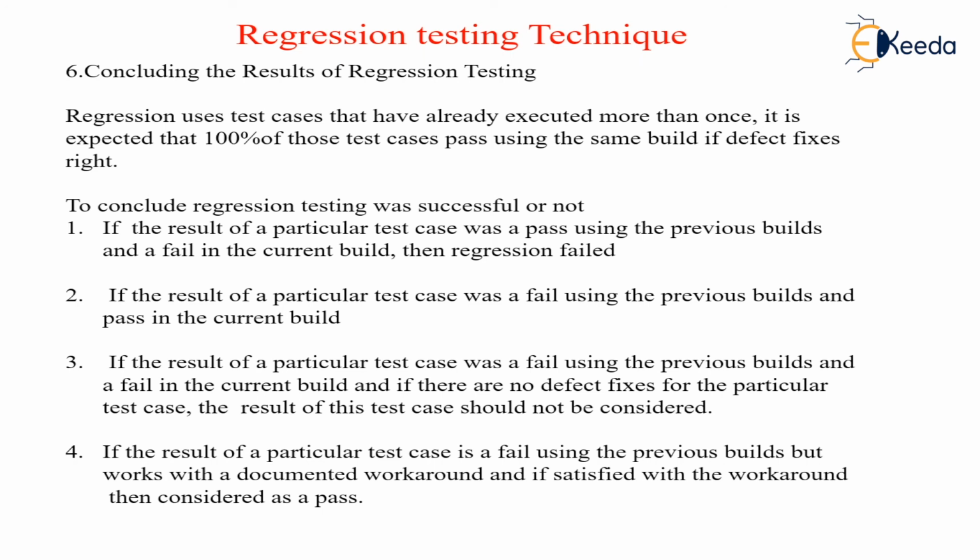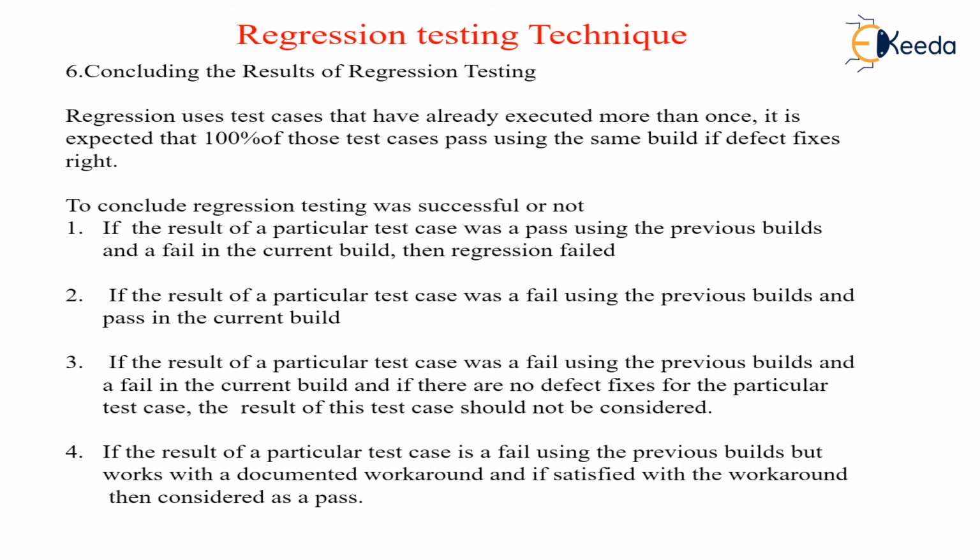In the third, we see if the result of a particular test case failed in the previous build and it failed in the current build, but there is no defect found or no defect fixes for the particular test case, the result should not be considered. Now, this is null and void.